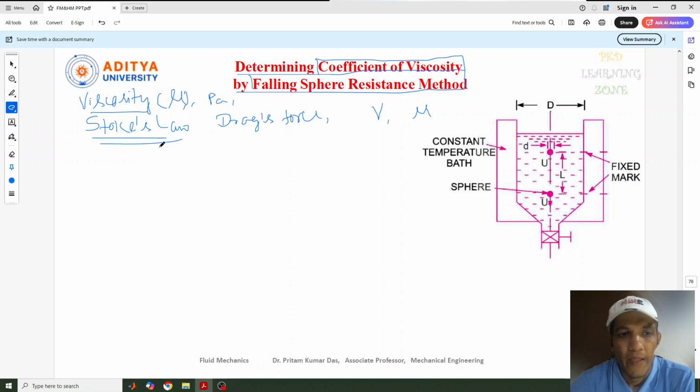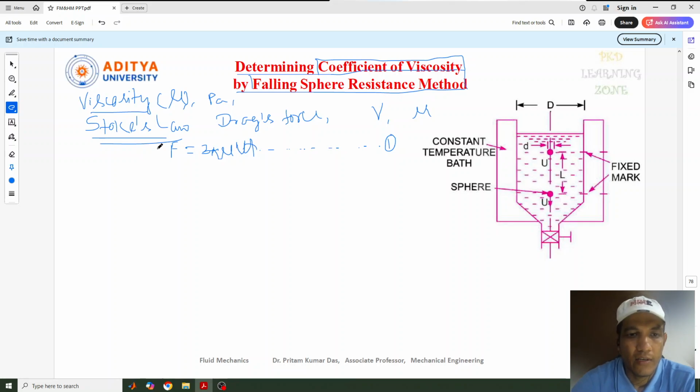Now as per Stokes law, the formula was already defined in a different topic. F equals 3 pi mu u d. This is one equation, we can mark it.